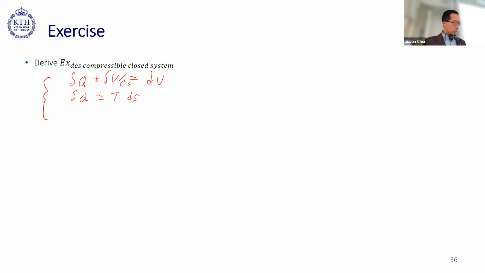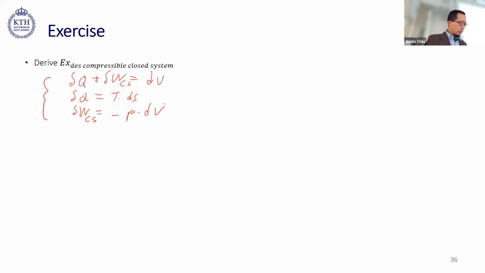I'm just rewriting it this way. And then what is work? For a closed system, and this is the tricky part, you should not mix up closed system with open system. Closed system is minus P dV, right? We have been doing that in the first hour. Open system is V dP, but closed system is minus P dV.